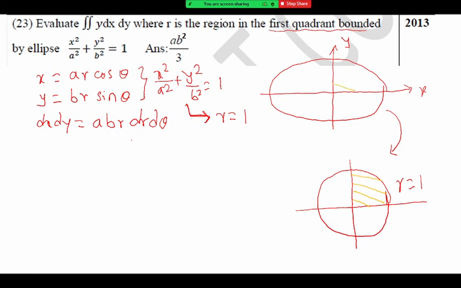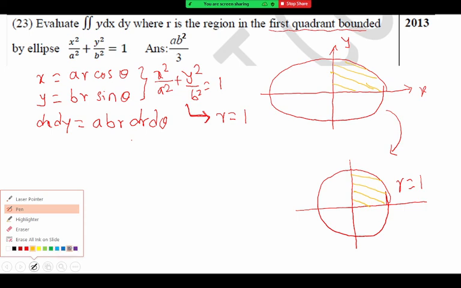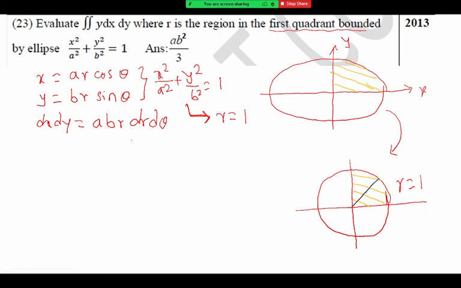Actually, this is the region of integration in the xy plane. But we are not going to evaluate on this region. Instead, we are going to do the calculation in the r theta plane. So as usual, our strip should be placed radially this way. Now the integral will become, with the value of y as b r sin theta and the value of dx dy as a b r dr d theta.